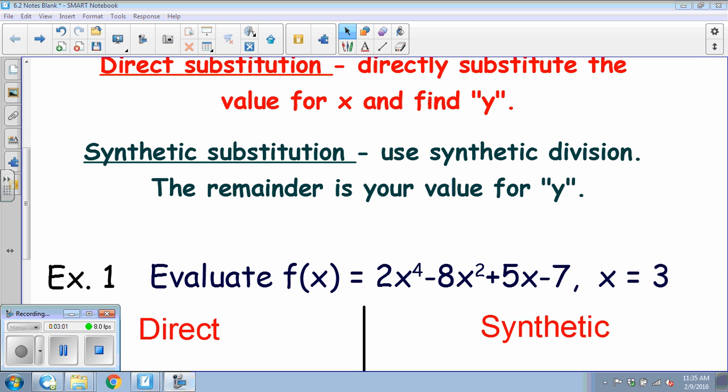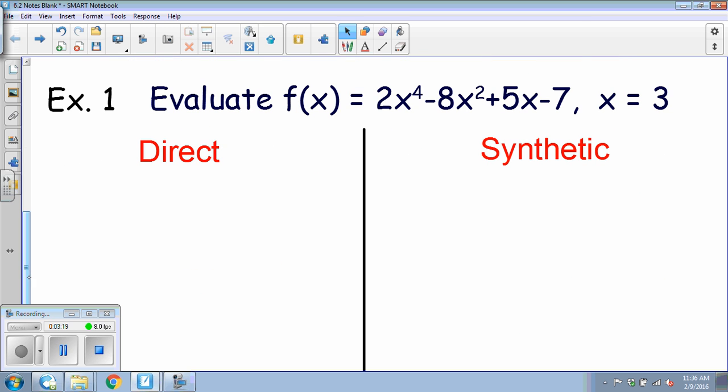It's going to graph it, and we don't really care what the graph looks like. Then it's going to say x equals, and you enter in that value for x. So you enter in x equals 3. And when you hit enter, it tells you that when x is 3, y is 98.